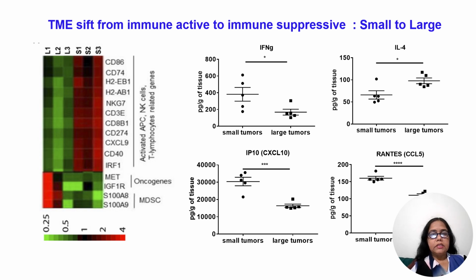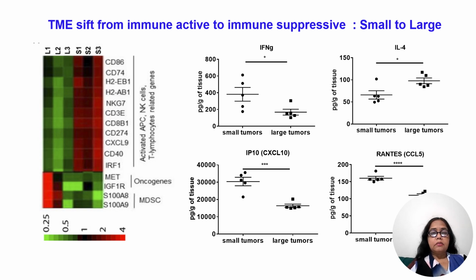And from bulk RNA-seq data, we found a smaller tumor had higher number of activated antigen-presenting cell, NK cells, T lymphocytes, and large tumor had oncogenes and also MDSC related genes. And in cytokines, we found more interferon gamma, IP10, RANTES in small tumor, and IL-4 in large tumor.